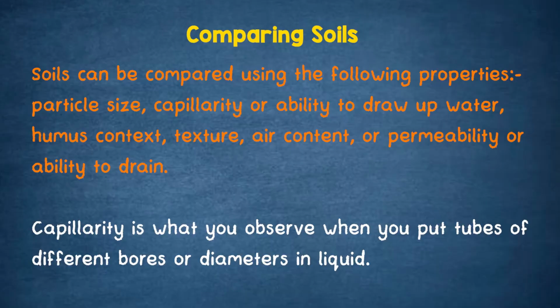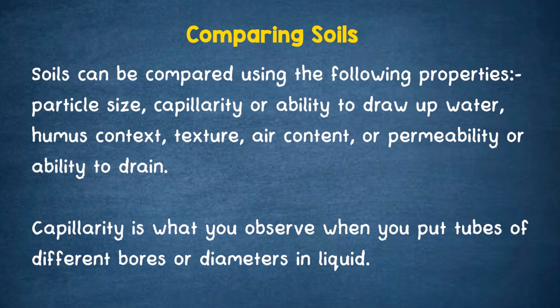Very good. Now, boys and girls, soils can be compared using the following properties: particle size, capillarity, or the ability to draw up water, humus content, texture, air content, and permeability, or the ability to drain. Now, boys and girls, what is meant by the term capillarity?